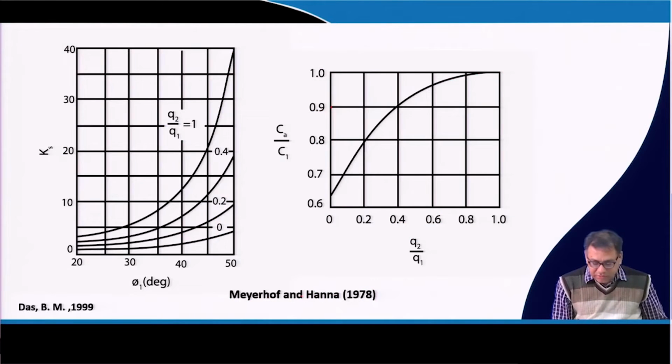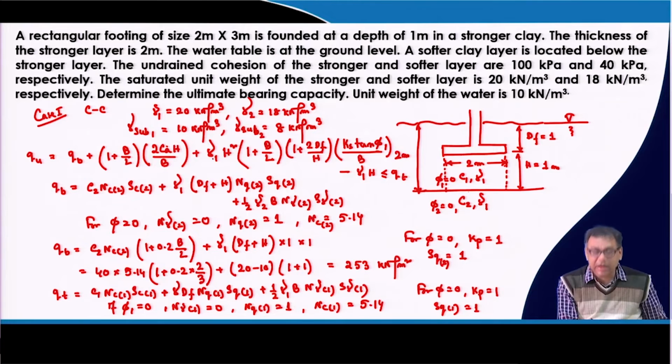But our actual equation has gamma 1. So if there is a different unit weight due to the water in the soil, then we have to incorporate these effects. That means we have to modify these equations slightly.